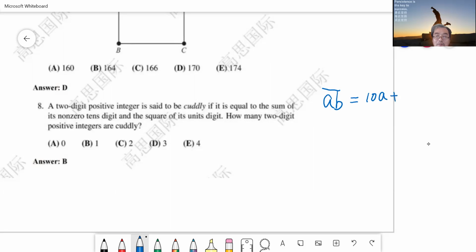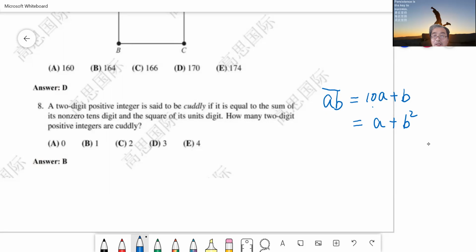Then we plus B. According to the question, this value must equal the sum of the non-zero tens digit, that would be A, plus the square of its unit digit, that's B squared, right? So we just have this equation: 10A plus B equals A plus B squared.